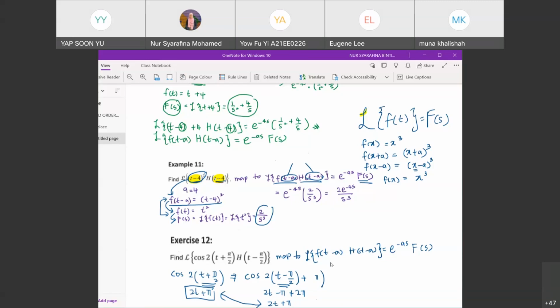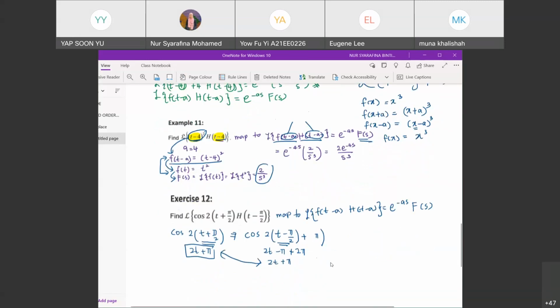So if you expand, then we can have what? This one. We can have cos 2t minus pi over 2, okay, plus 2 pi. So if you expand this, okay?